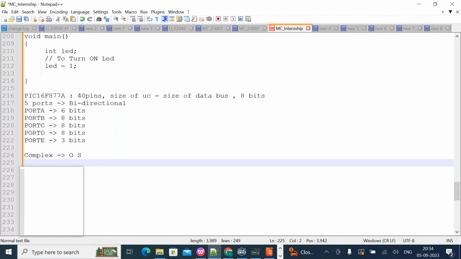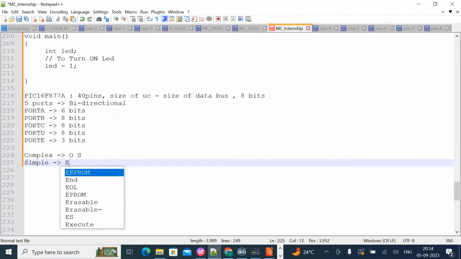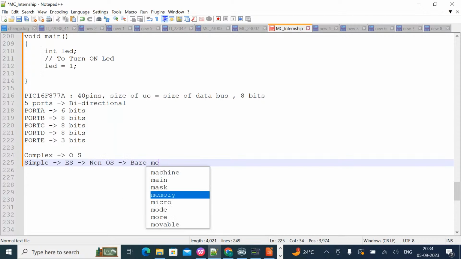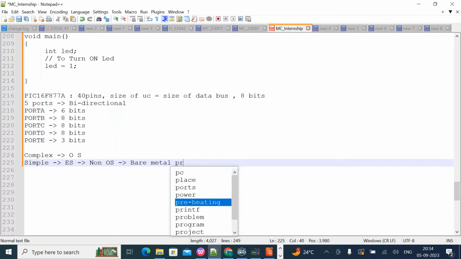But since we are developing a simple application like a microwave oven, we can develop this simple embedded system without using an OS. That will be non-OS based, or you can say we are doing bare metal programming. So it's not necessary to have an operating system running in the embedded system. Understanding?